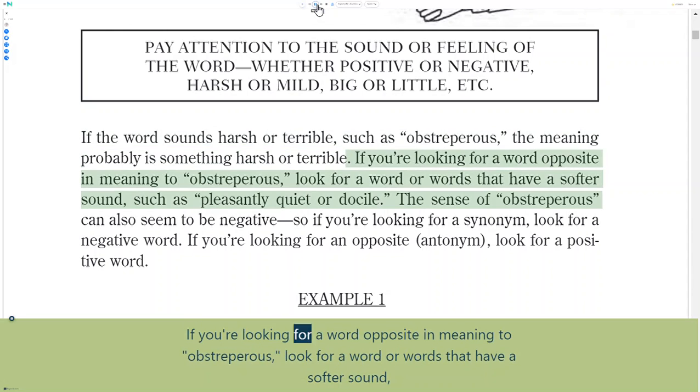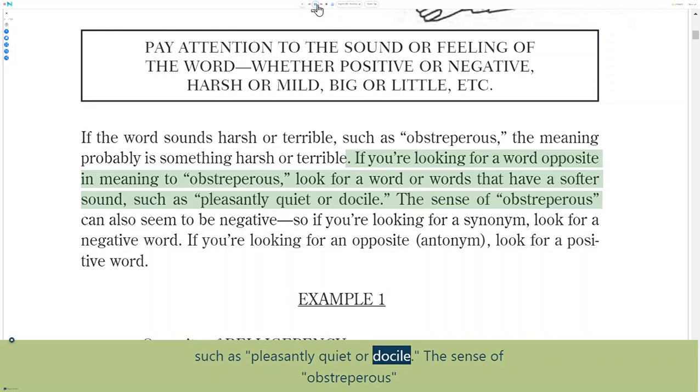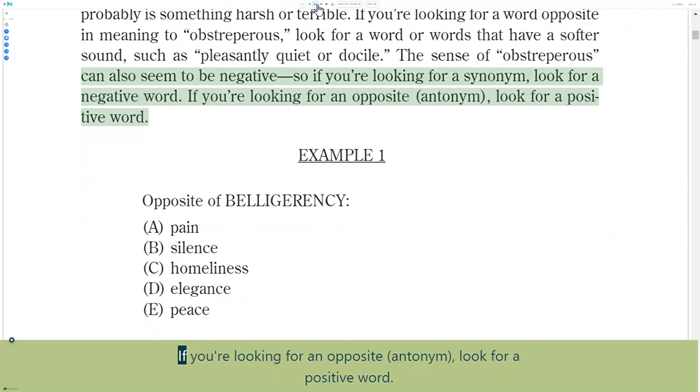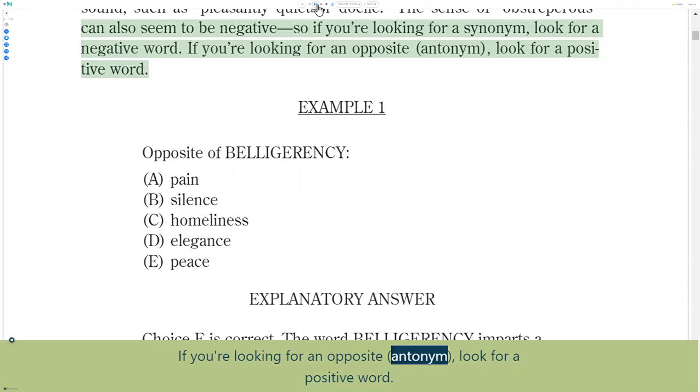If you're looking for a word opposite in meaning to obstreperous, look for a word that has a softer sound, such as pleasantly quiet or docile. The sense of obstreperous can also seem to be negative, so if you're looking for a synonym, look for a negative word. If you're looking for an opposite, an antonym, look for a positive word.